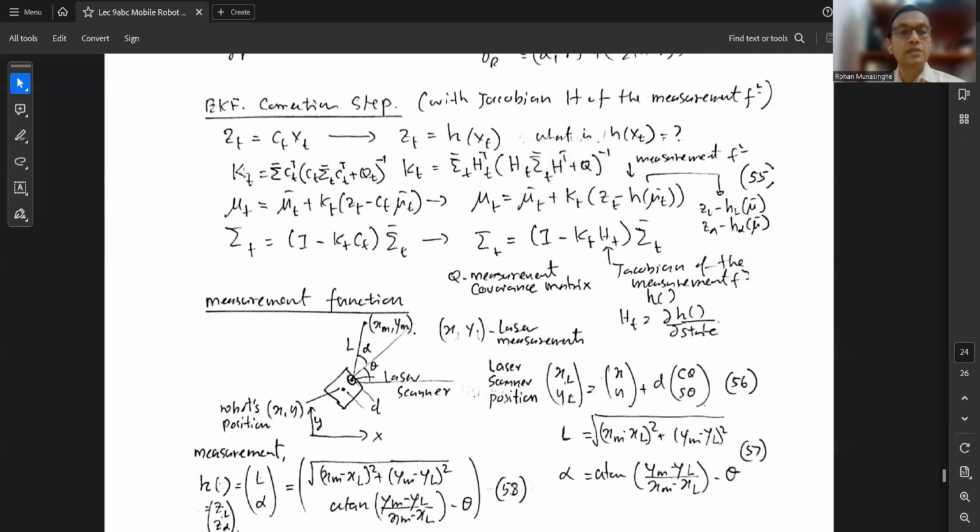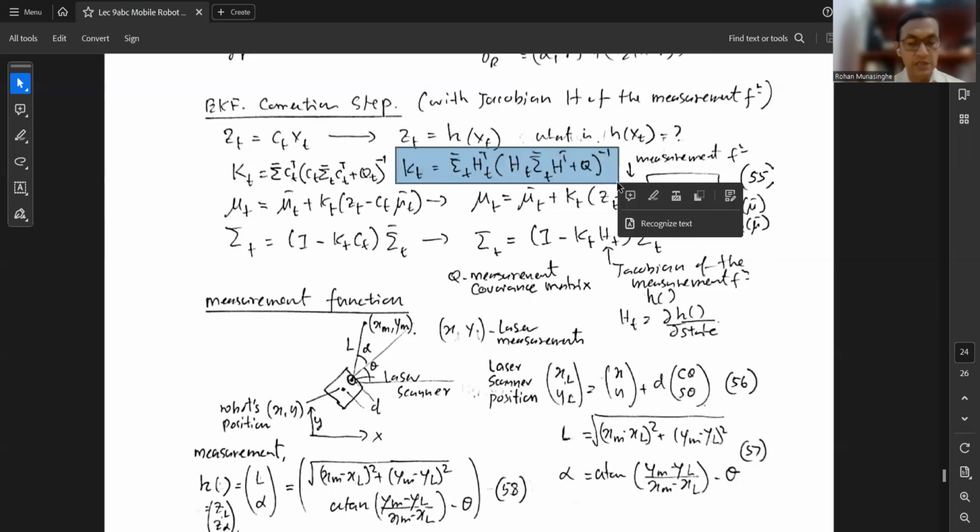What about the other things? Kalman gain becomes like this. When the measurement equation changes, the Kalman gain also changes this way. Very similar to the previous case, but now it has capital H coming up. What is capital H?